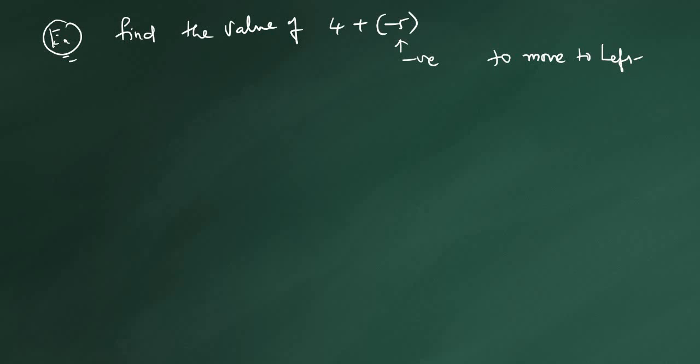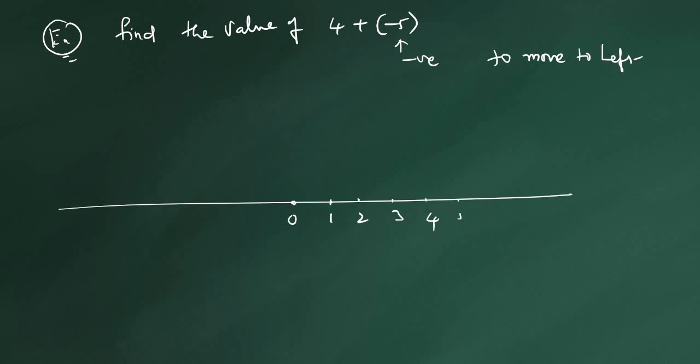So we'll take a number line like this. On this side 0, 1, 2, 3, 4, maybe 5, 6 and so on you can write. And on the left side, you can write minus 1, minus 2, minus 3. Now from 4 to minus 1 you have to go. So 4 plus minus 5 is minus 1. That can be represented like this.